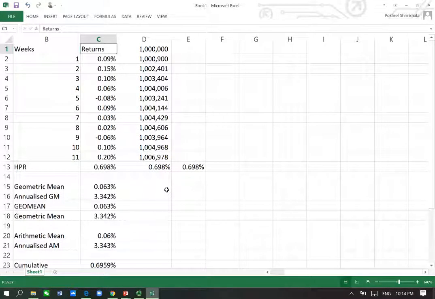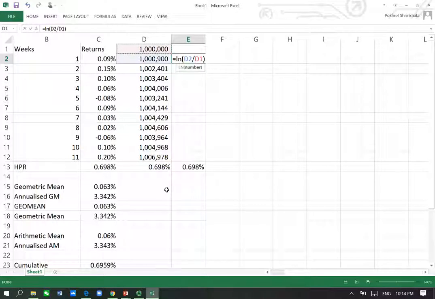Now I will talk about the log return. So we've got these investment amounts which are changing values because of the rate of return earned in each week. So now from this, what we can do is apply the natural logarithm function, which is ln, and find out this rate of return applying natural logarithm.